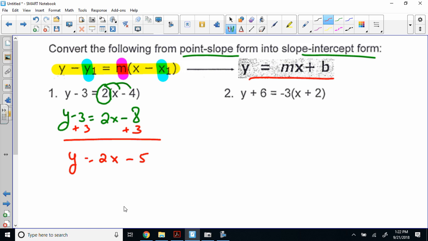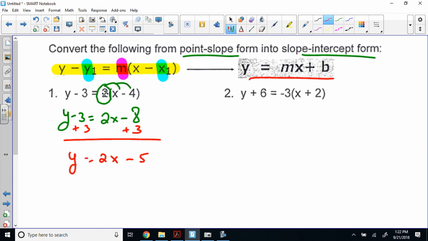Okay? What do you mean? I can't hear your question. Yeah, that's it. So what's the highlight? The highlighted yellow is the equation. The blues are the points. That would be 4, 3, right?